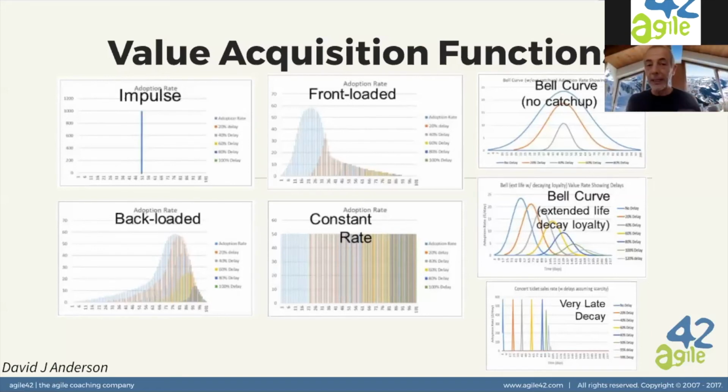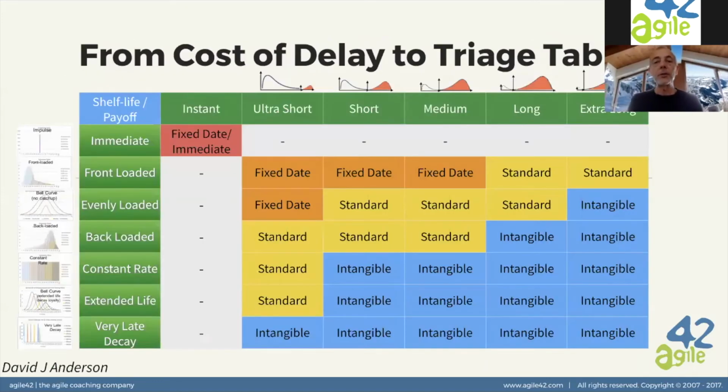So combining this information, the shape of the curve and the ratio that we have seen earlier, we can use these triage tables. And these are very new. I'm sure no one has yet seen these before. This comes from the work of David Anderson in the Kanban community. Here we have a table where we can immediately decide which class of service to assign to our projects.